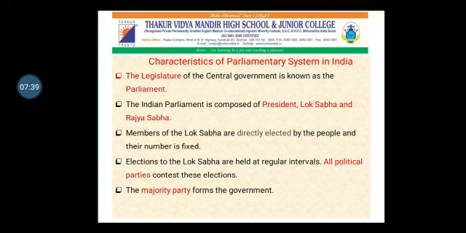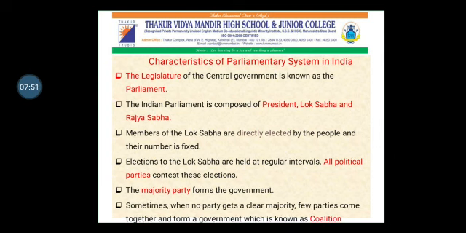The party which gets the highest votes, or we can say the majority votes, forms the government. But sometimes the situation is different and no party gets a clear majority. Then what happens? A few parties come together and form a government which is known as a coalition government.